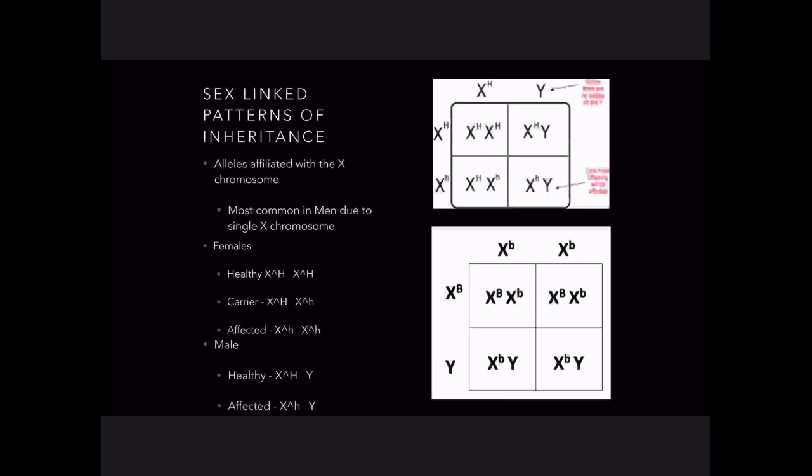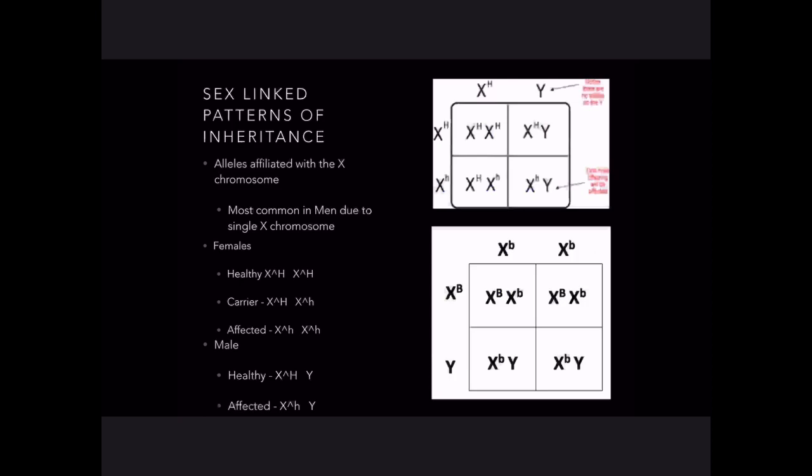rules of complete dominance. So if you were to categorize a disease with the allele lowercase h and a healthy person with the allele uppercase H, we see that females, if they have both uppercase H's on their X chromosome, they're perfectly healthy. If they're heterozygous, they're still perfectly healthy, but they're carrying the disease.